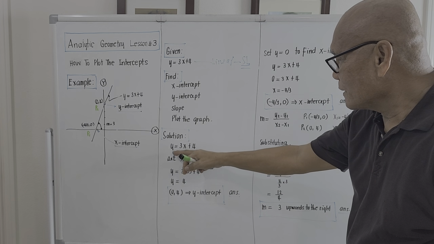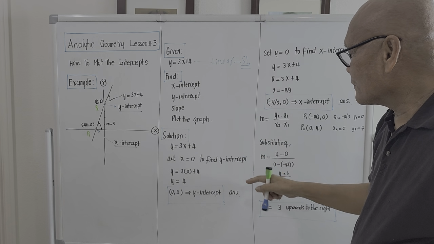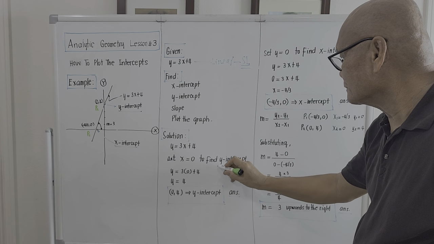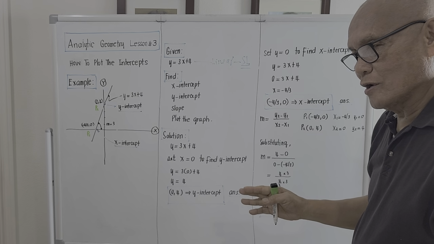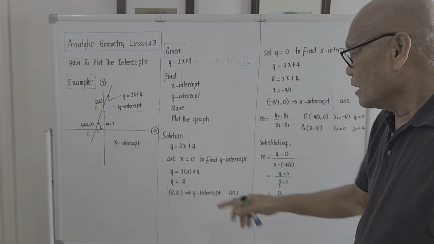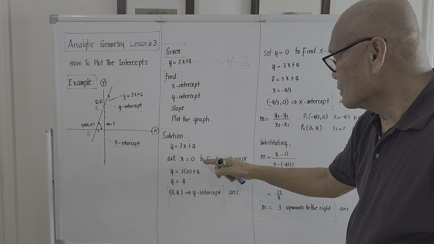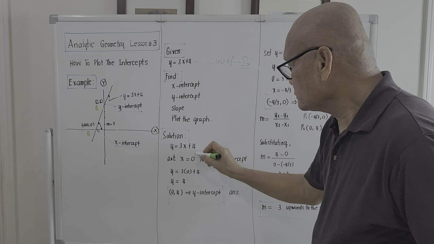The given straight line is y equal to 3x plus 4. To find the y-intercept, this is the rule. It will not change. As long as we are solving for the y-intercept, we set x equal to 0. Why do we set x equal to 0?